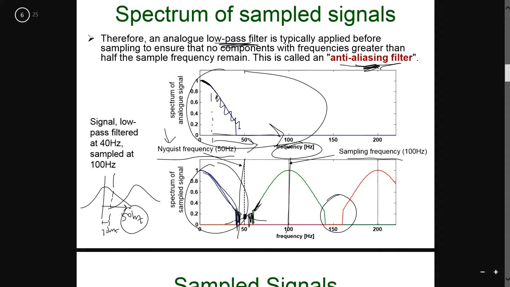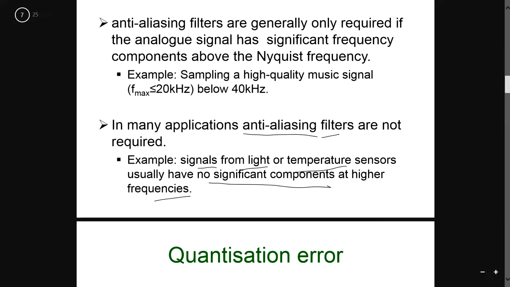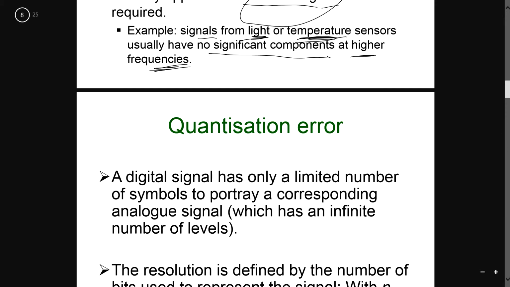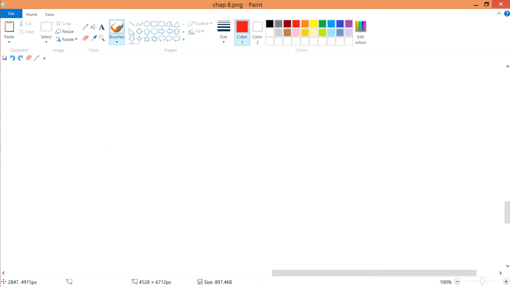So definitely the aliasing effect will not affect you, and this is why they are trying to tell you that. For light and temperature sensors, normally you will not operate in high frequencies, and therefore you don't need to use an anti-aliasing filter.